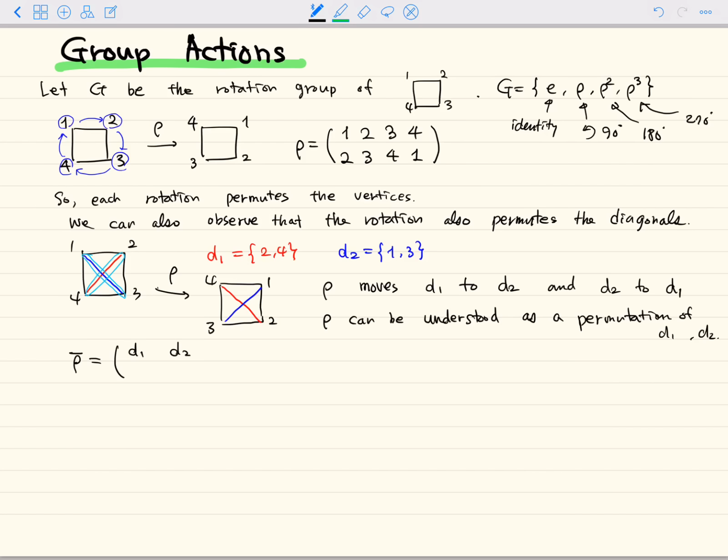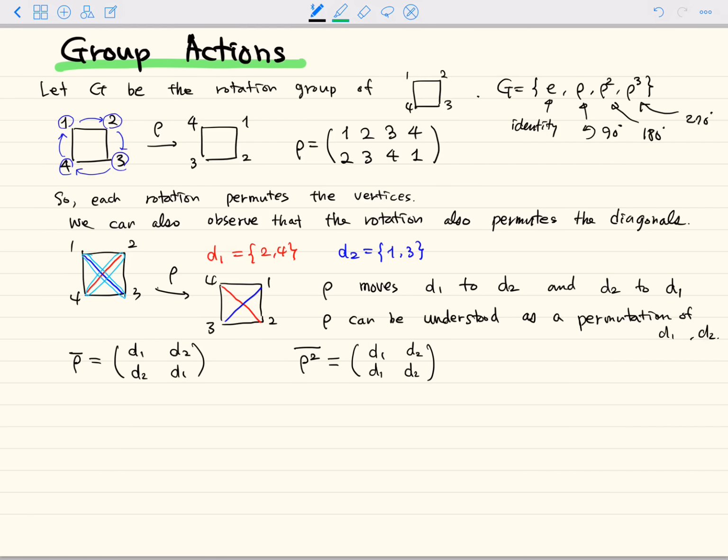It sends D1 to D2, D2 to D1, so it's like that. Okay. Now, what about rho squared? If you consider rho squared as a permutation of the diagonals, you will move nothing. So D1 goes to D1, D2 goes to D2, something like this. So we have this.